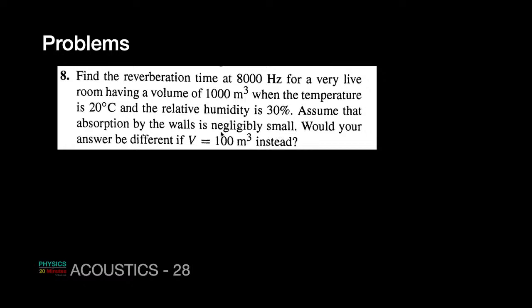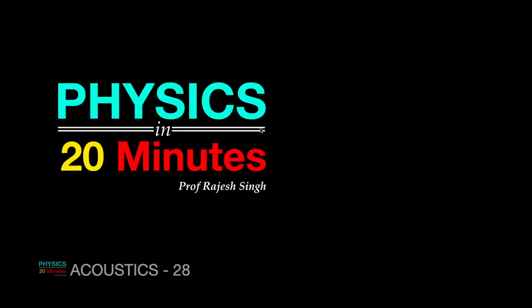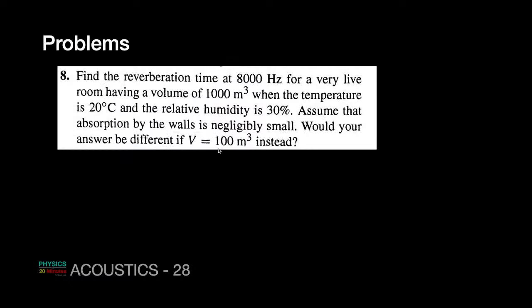You can take the coefficient of absorption as 0, and in your formula 0.161 V by A plus mV, you can take A as 0 and calculate the reverberation time. You are looking at air absorption, and take V as 10 power 3 meter cube. Look at the table. This has an interesting answer.